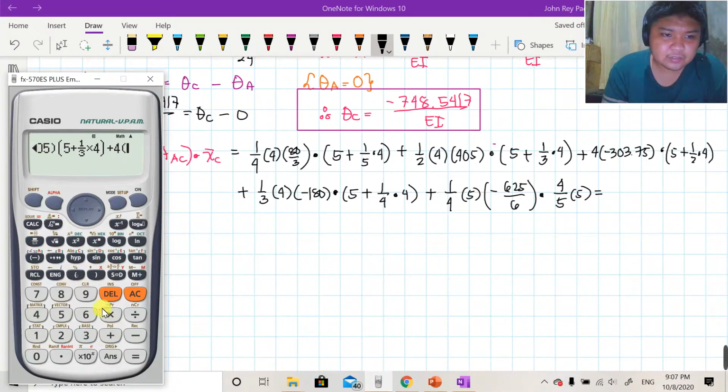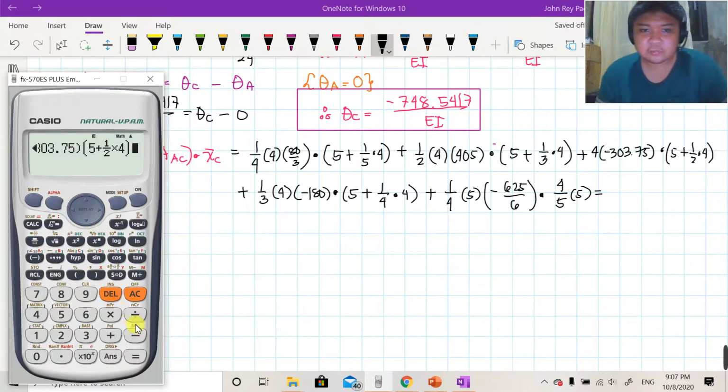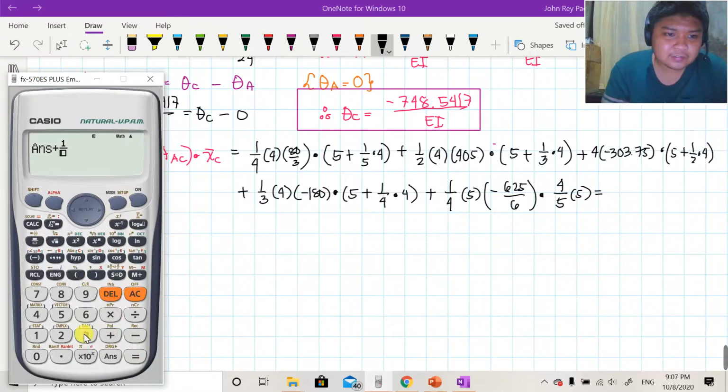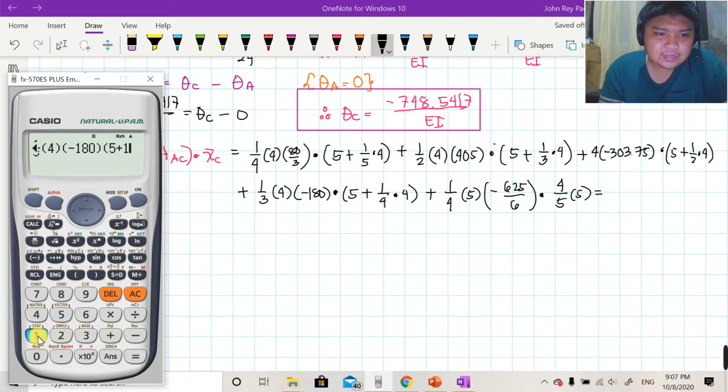Next tayo, plus 4, negative 303.75. 5 plus 1/2 ng 4. Okay, so ito muna, class, na nasa taas kasi tingnan nyo na yung calculator ko, hindi na kaya. So ans plus 1/3 ng 4, tapos negative 180, then 5 plus 1/4 ng 4. Okay, so 1/4 ng 4.